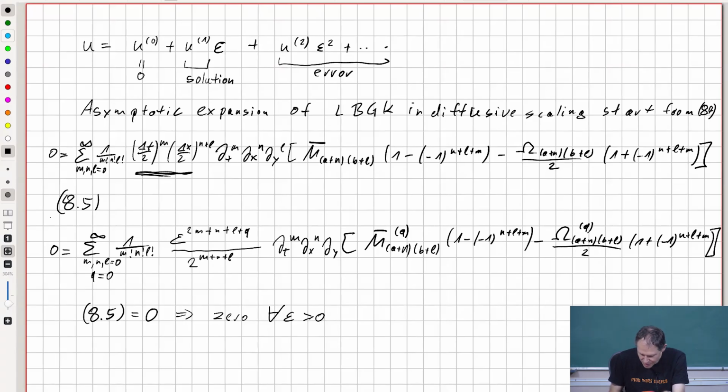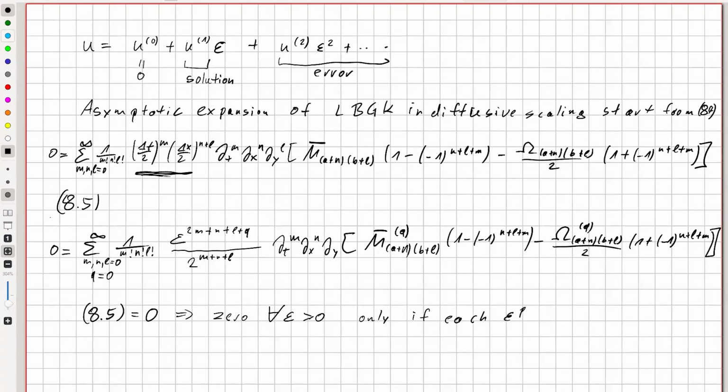And this equation here will be 0 for all choices of epsilon only if each order, say epsilon to the p, is 0 individually. So you know equating of coefficients, say a plus b epsilon plus c epsilon squared.